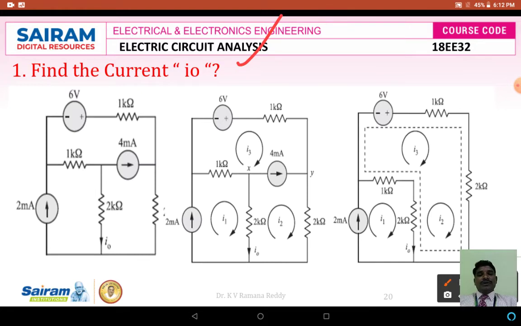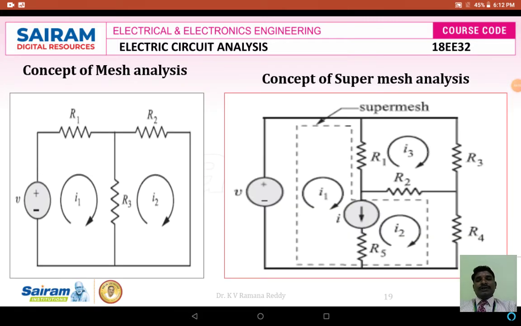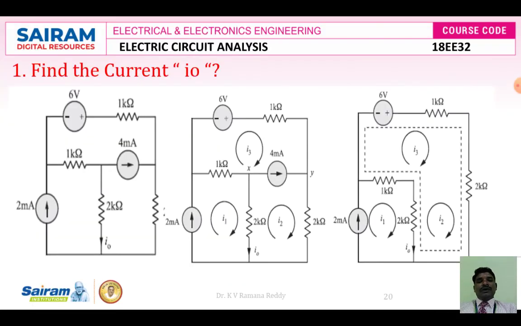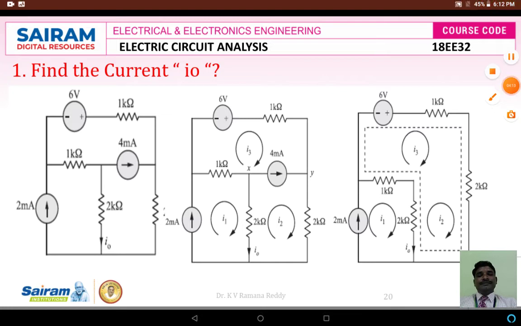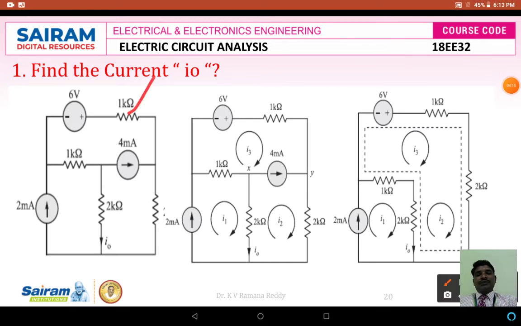So look at the circuit here. In this circuit, they have given one 6 volts voltage source and one 1 kilo ohm resistor, one 4 milliamperes current source and one 1 kilo ohm resistor, another 2 milliamperes current source, one 2 kilo ohm resistor and another 2 kilo ohms here.